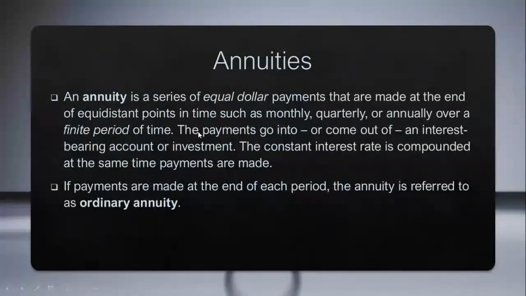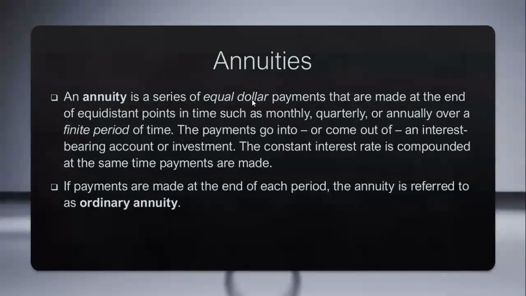For annuities, just a couple quick definitions here. I will explain them in layman's terms. The definition of an annuity is a series of equal dollar payments made at the end of equidistant, which means equal, points in time.